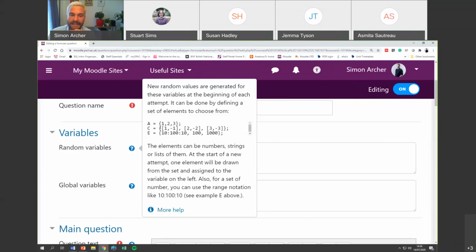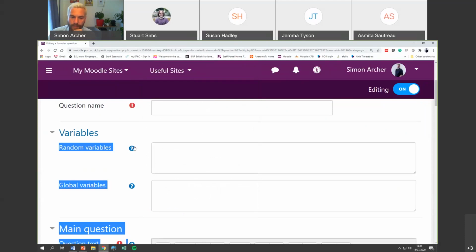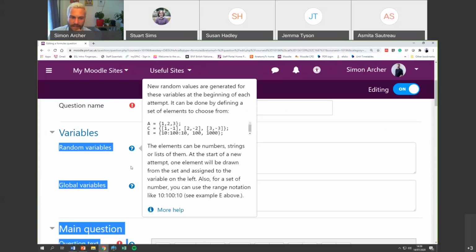The most common mistakes I've made are accidentally using a square bracket instead of a curved bracket, because it's the same key on a keyboard, so make sure you use a curved one, and make sure you end with a semicolon. My other one is that I used colons, and when you're breaking up your number for your ranges, use the actual full colon. Those are the places I've made mistakes in the past.